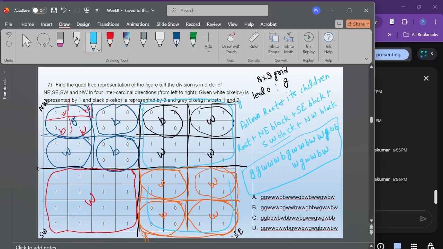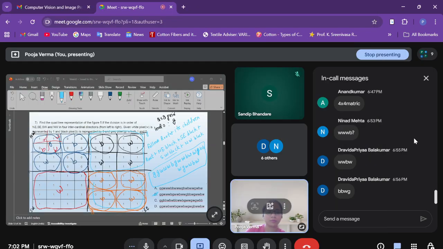So just check in the options which option can be the correct one. If you check carefully, you will get option B is the correct answer for this question. Is it fine to all of you? Have you understood this question?